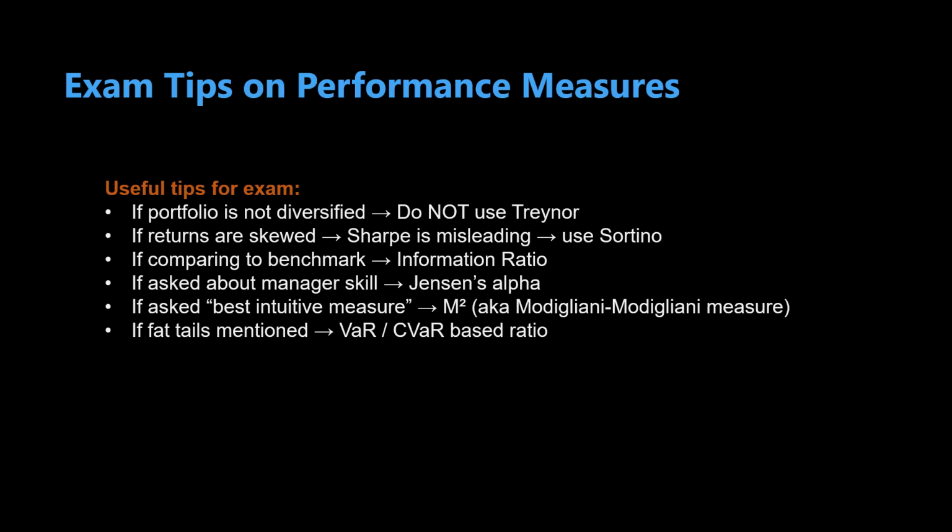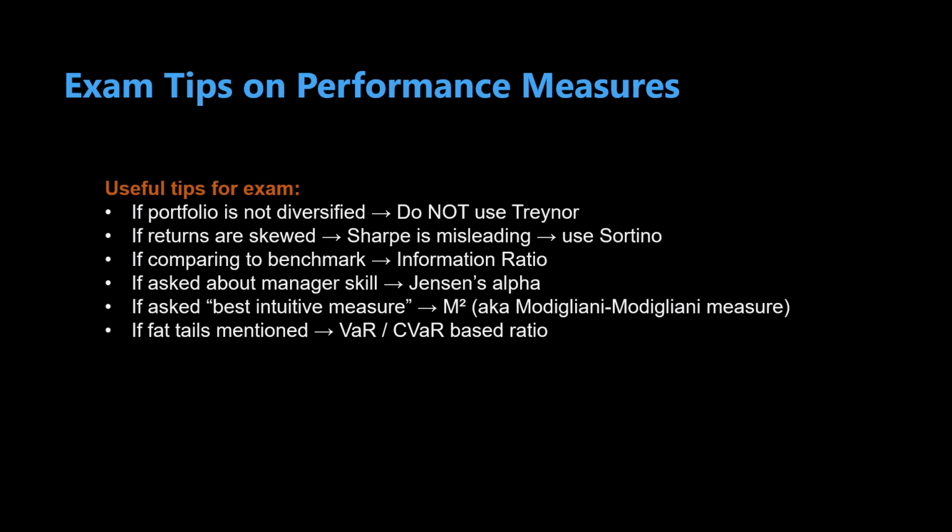First, if the portfolio is not diversified, do not use Treynor. It will give you misleading results because beta understates total risk. Second, if returns are skewed or asymmetric, Sharpe is misleading. Switch to Sortino. Third, if the question involves benchmark comparison or active management, the answer is the information ratio.